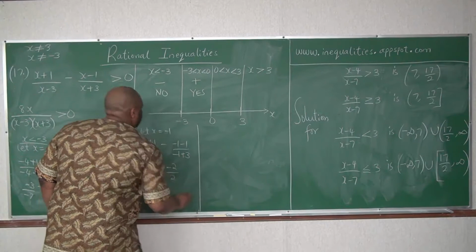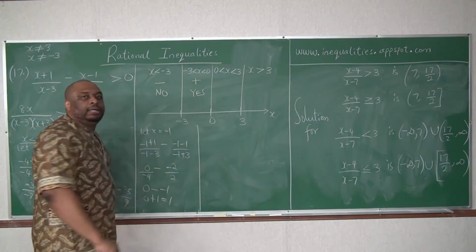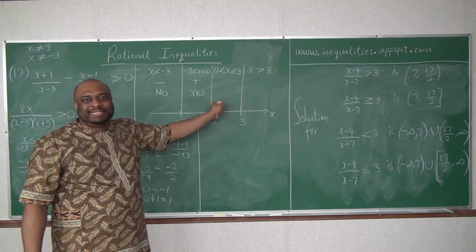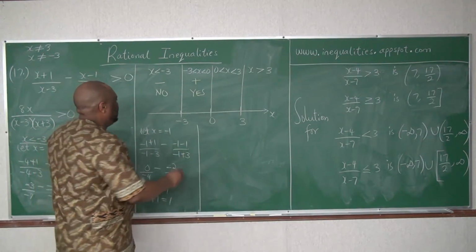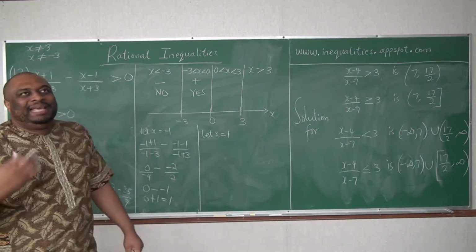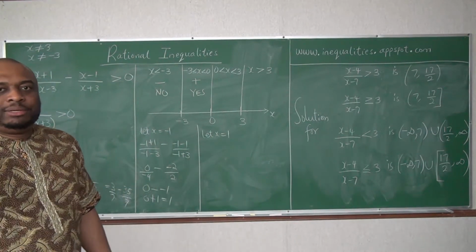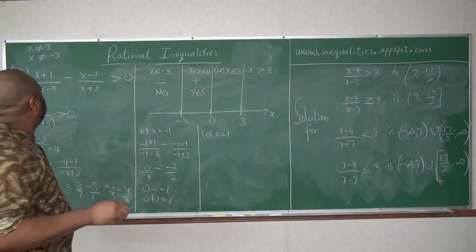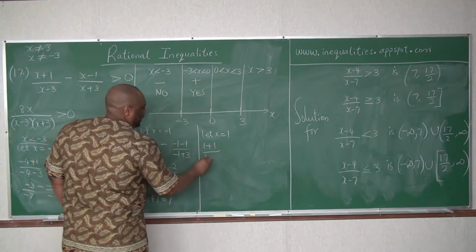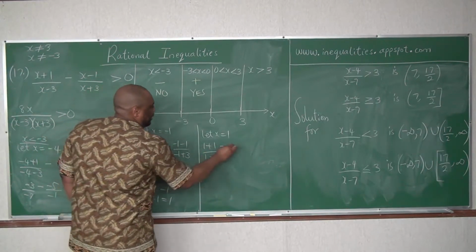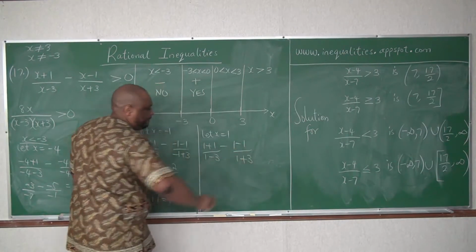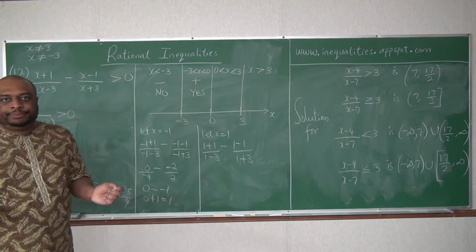The next one, we test for a point on this interval. So let x be 1. We pick the easy points to test. So this will be 1 plus 1 over 1 minus 3 minus 1 minus 1 over 1 plus 3. Right?